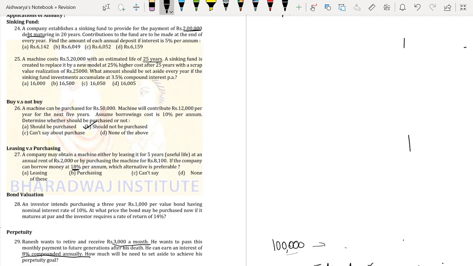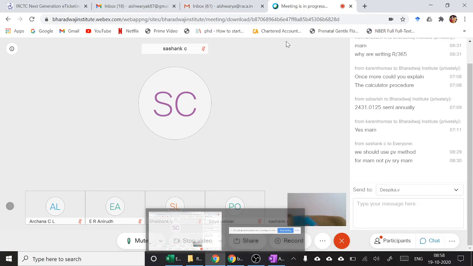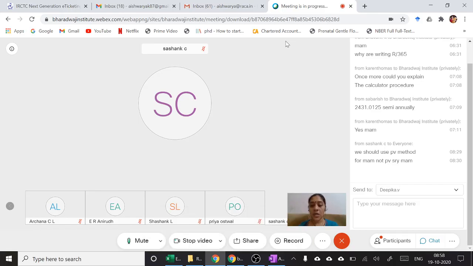So this gets us to the end of this particular topic. We have come to the end of this topic, that is time value of money. We have covered all the concepts. See, this is 14 marks, but still if you have any doubts, you can let me know on WhatsApp. For those of you who don't have my number, I will give it to you here.